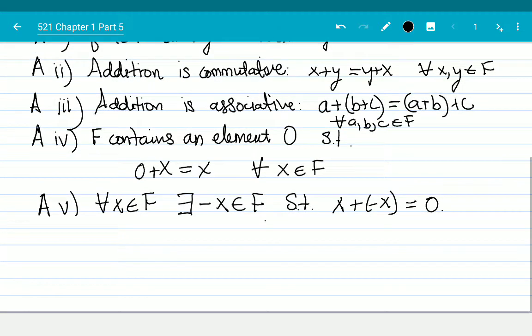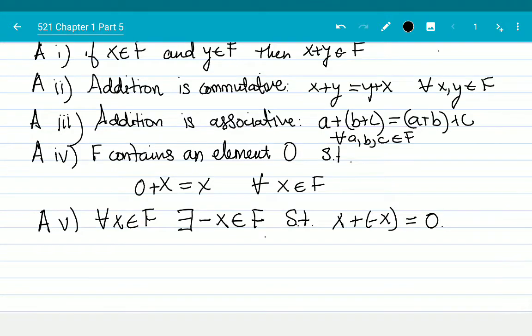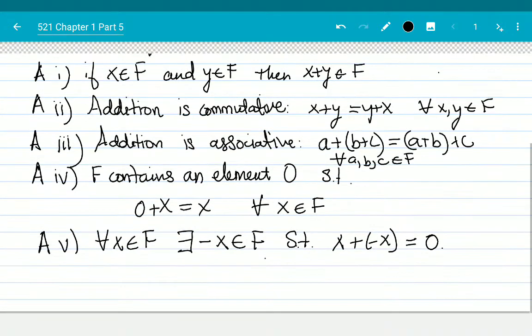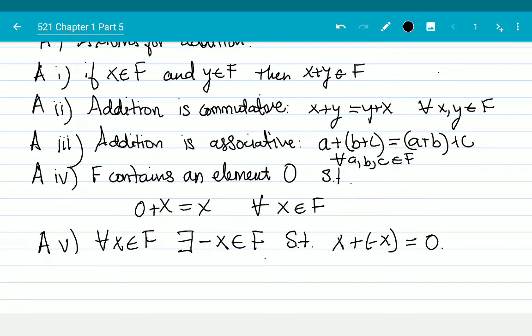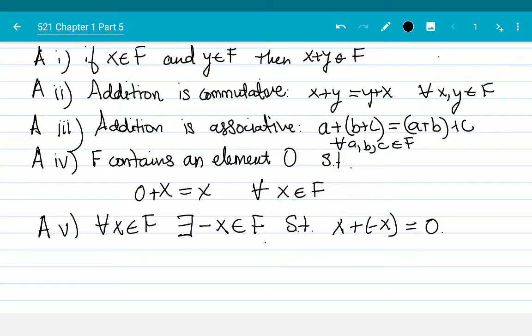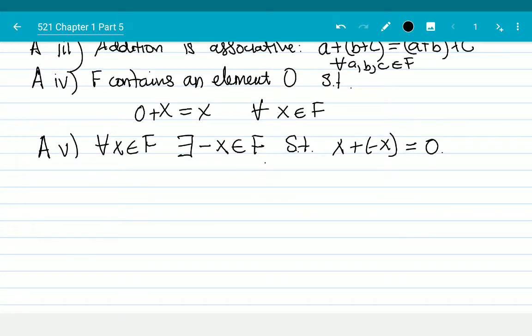The natural numbers do not satisfy this property, only the integers do. If only these properties are satisfied, it is called a group. As I said, you go groups, rings, and fields. This is what it means to be a group. Not that we are going to use it anytime soon, but in case you're interested, these are called the group axioms.